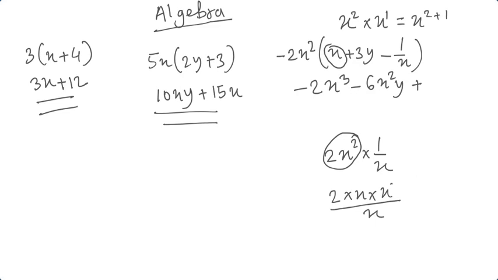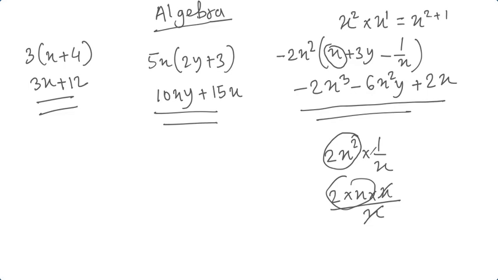So x and x eat each other, they cancel out. So we have 2x left here. So the answer here is 2x. So the final answer is minus 2x cubed minus 6x squared plus 2x.